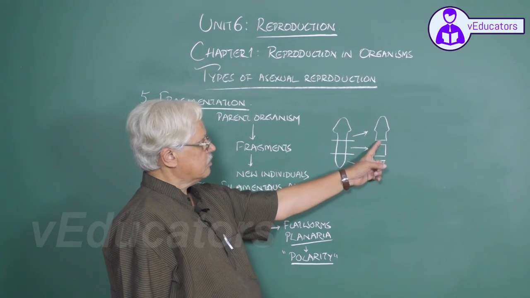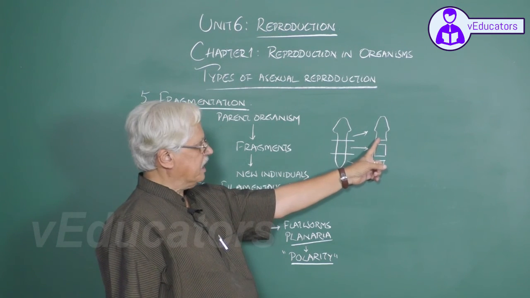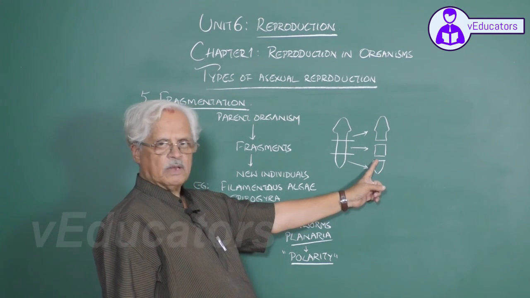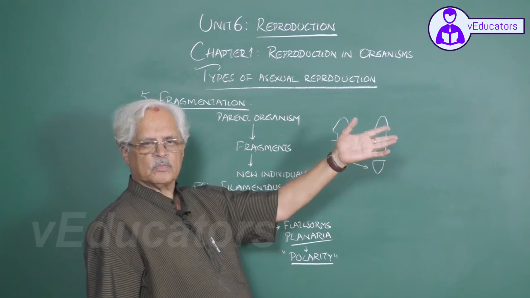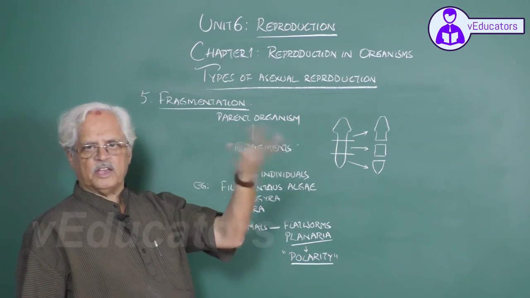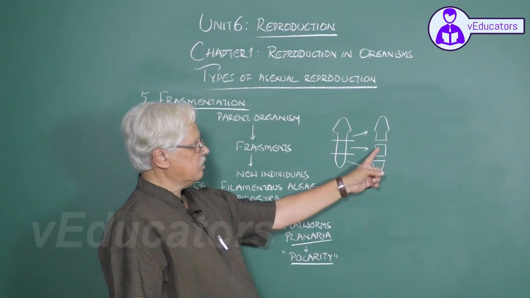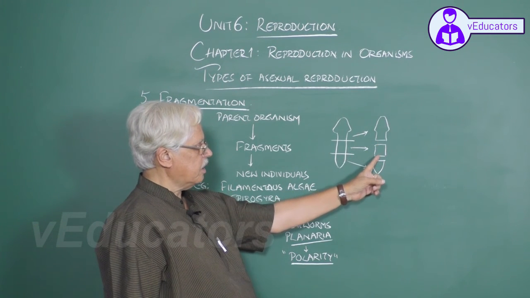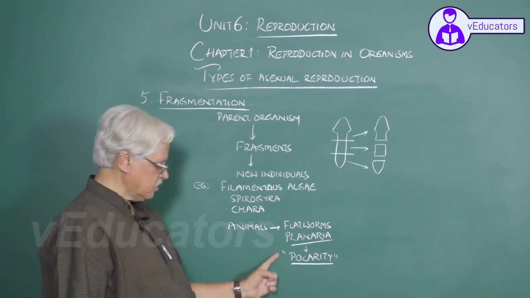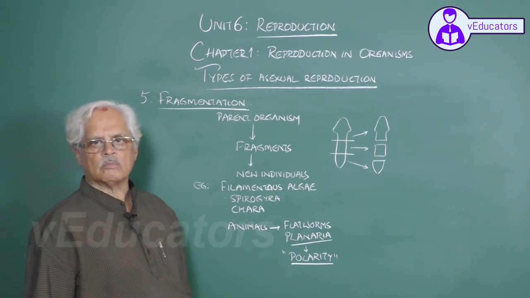This piece has a head end, so it develops a tail end. This piece has a tail end, so it develops a head end. Whereas this piece lacks both the head end and the tail end. It develops a head end only at this region and a tail end only at this region. This is because of the existence of a phenomenon called polarity.